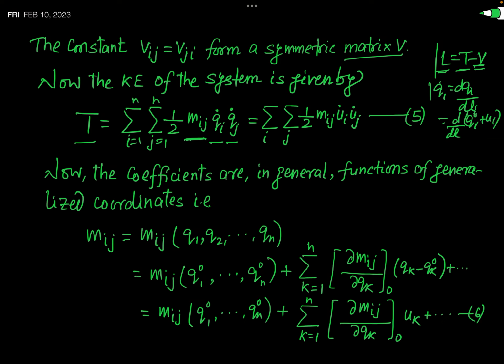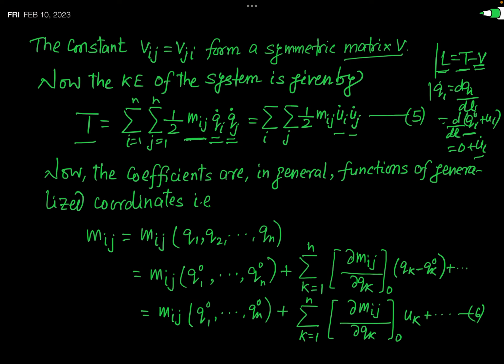When you differentiate, qi0 is constant so it becomes 0, and this is simply dui by dt, which is ui dot. So instead of qi dot and qj dot, you may write ui dot and uj dot.